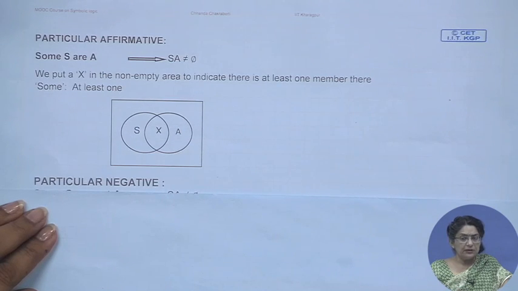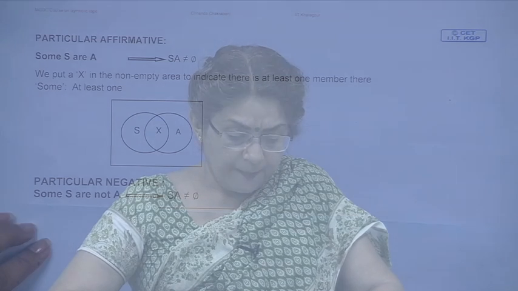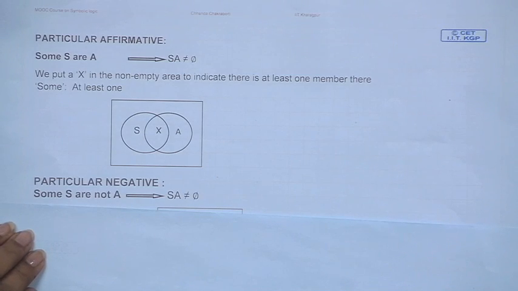Call one of the circles S, the other one A. You are trying to represent some S are not A, which means that the area that is S A bar, which is S but not A, is going to be not empty, right? This is what you are going to represent.